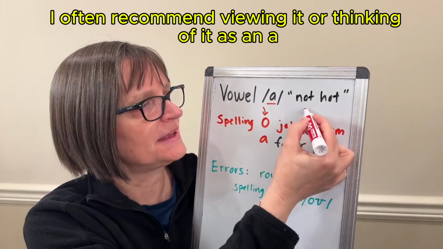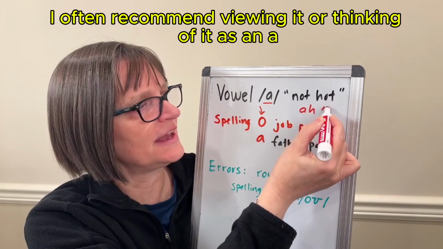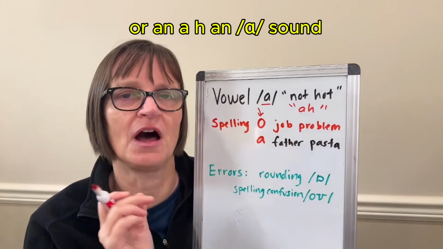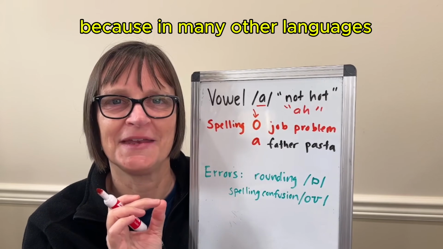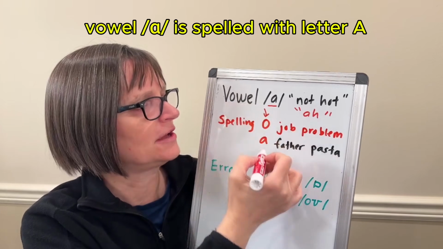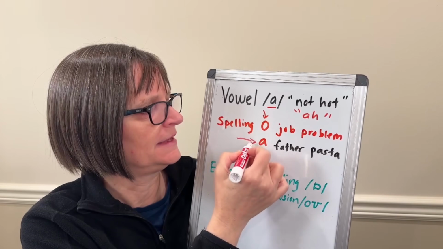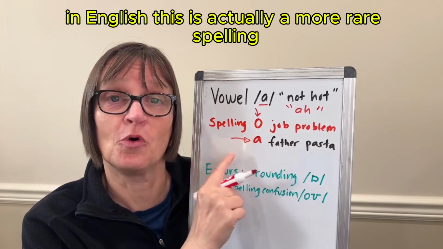I often recommend viewing it or thinking of it as an A or an AH sound, because in many other languages, vowel ah is spelled with letter A. In English, this is actually a more rare spelling.